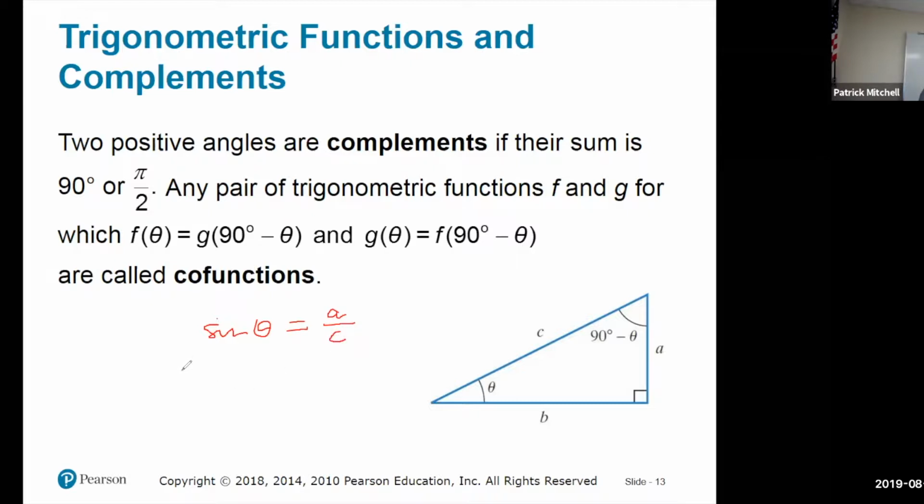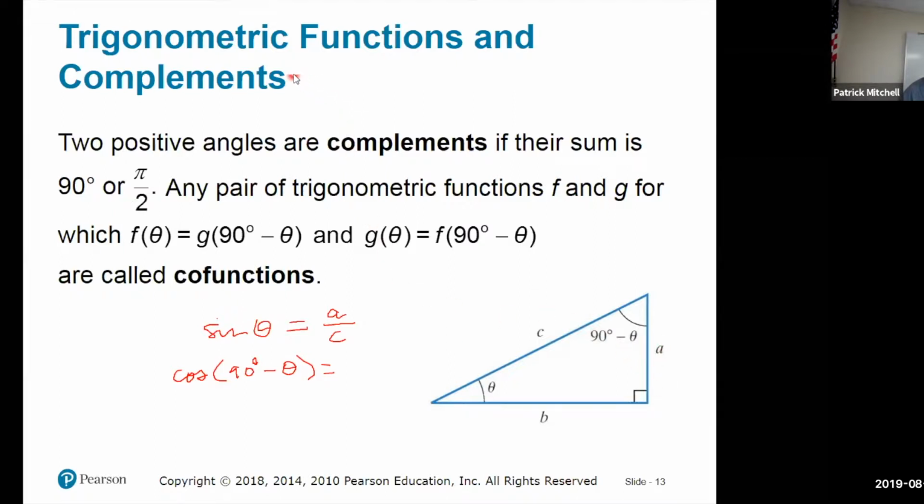Then let's say for some reason I was trying to find the cosine of the complementary angle 90 degrees minus theta. The cosine is the adjacent over the hypotenuse. So with respect to the angle 90 degrees minus theta, the adjacent is a, right?